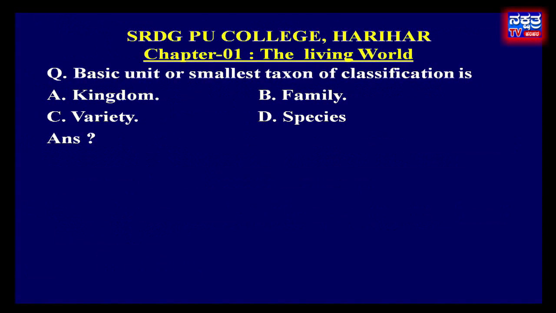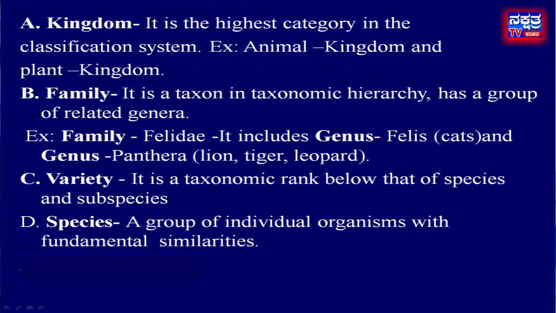Move to next question. Basic unit or smallest taxon of classification is option A, kingdom, B, family, C, variety, D, species. In the given options, A, kingdom.